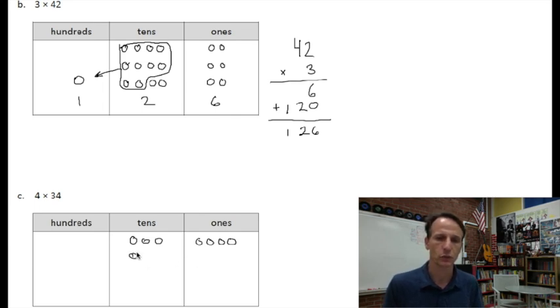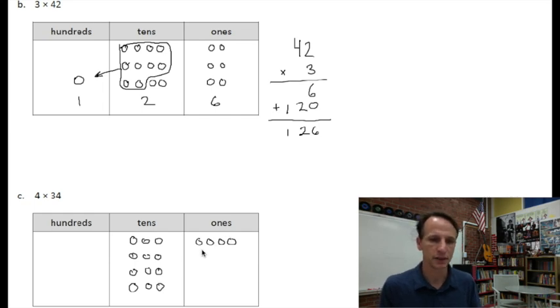So 1, 2, 3, 1, 2, 3, 1, 2, 3. Great. And same thing for the ones. I need 4 rows. 1, 2, 3, and 4. 1, 2, 3, and 4. 1, 2, 3, 4. Great.